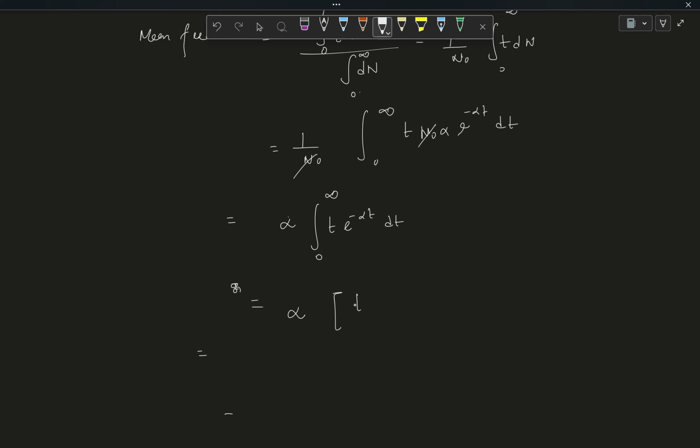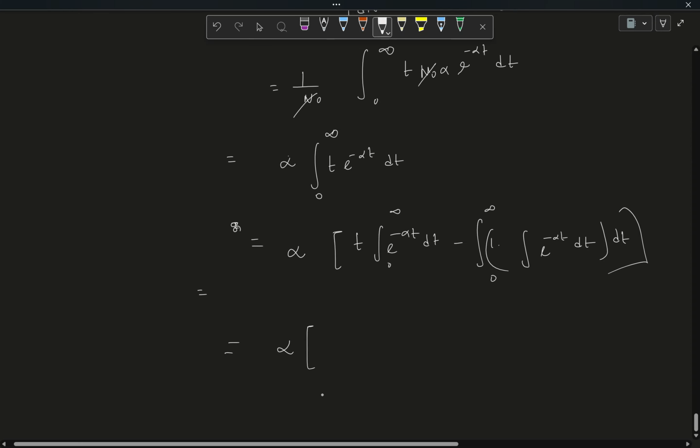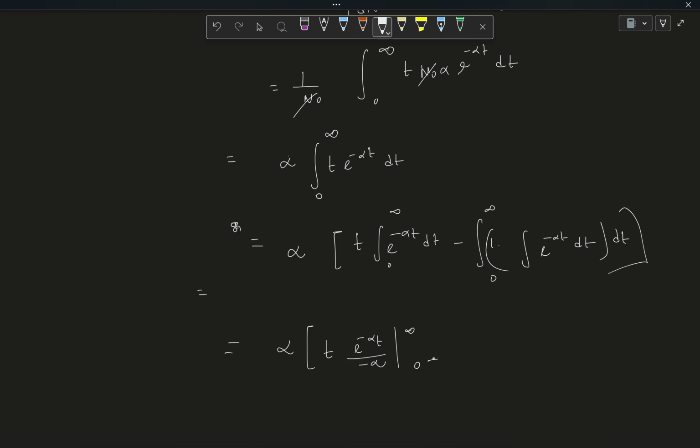So do the integration by parts. T times e to the power of minus alpha t dt from 0 to infinity, minus the integral of the derivative of t, which is 1, times e to the power of minus alpha t dt. So this is equal to alpha, t e to the power of minus alpha t by minus alpha from 0 to infinity, minus the integral of e to the power of minus alpha t by minus alpha dt from 0 to infinity.